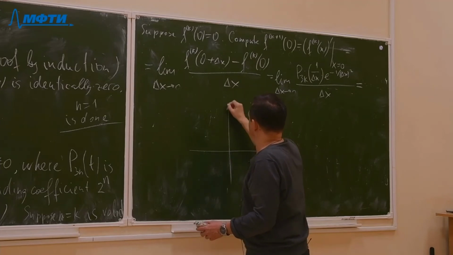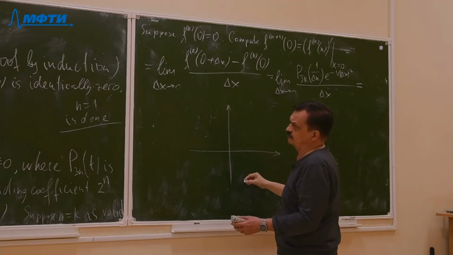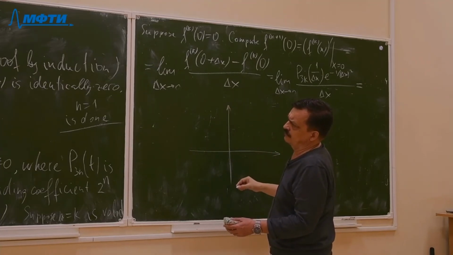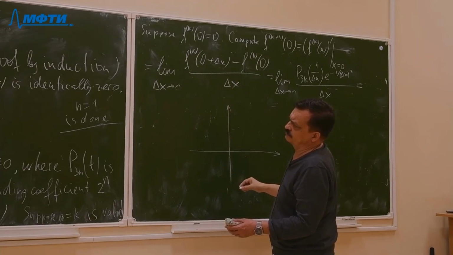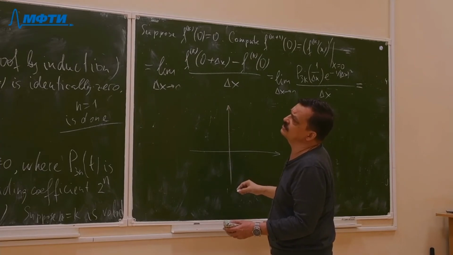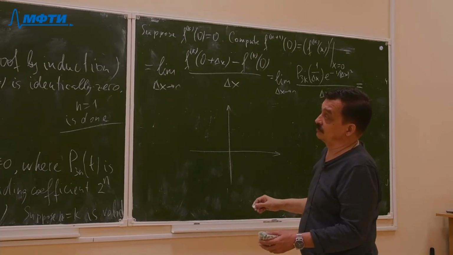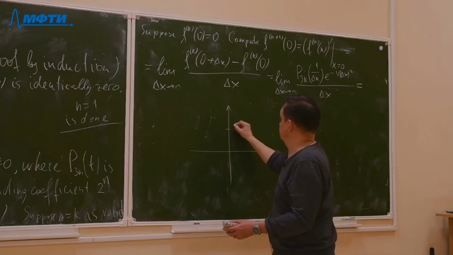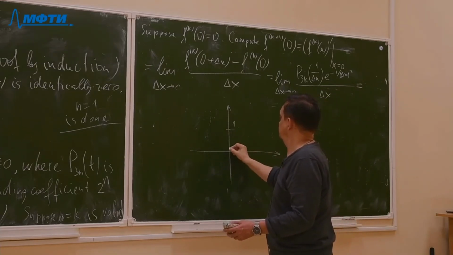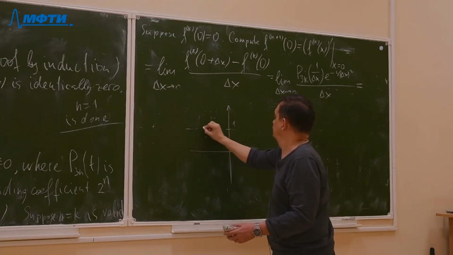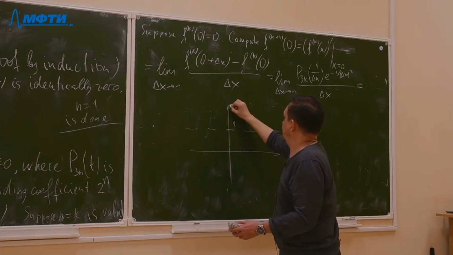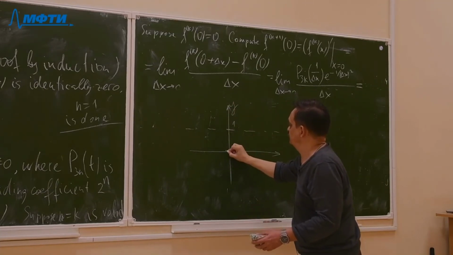For our function, the graph is like that. So if x goes to infinity, we have minus 0, 1, right? So something like that. The graph of our function is as follows.